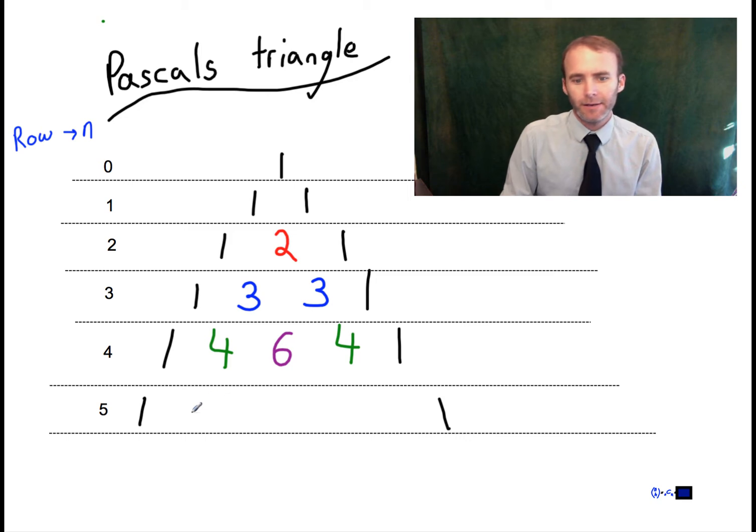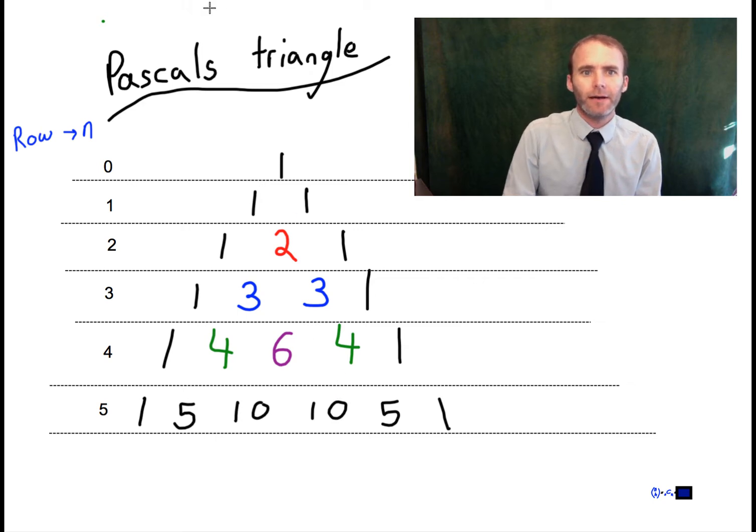Now when I come down here, the logic is that to get this next number, I just have to add these two. So 1 and 4 is 5, and due to symmetry, 1 and 4, I get a 5 over here. The triangle is very symmetrical. 4 and 6, I get a 10, and 6 and 4, I get a 10.